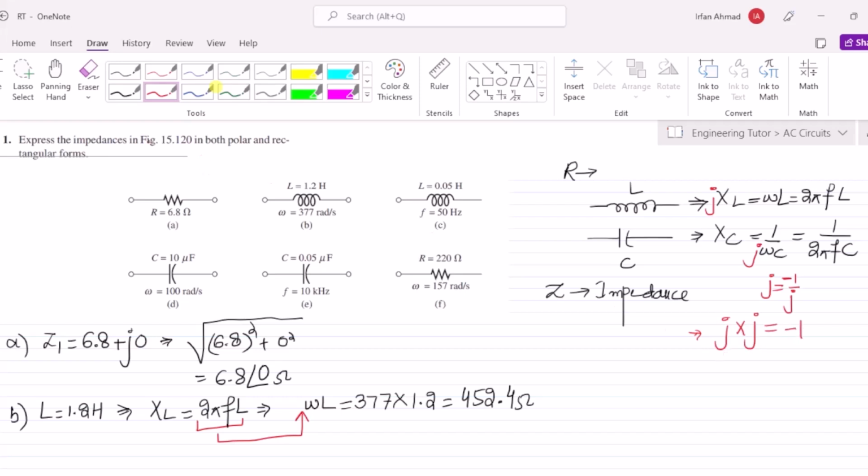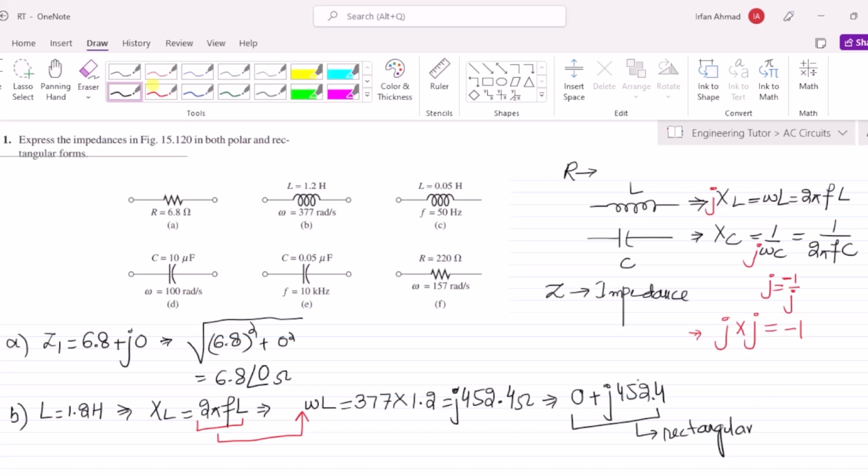So from it I can see that this will be j452.4 ohm, or I can also represent it like 0 plus j452.4. Okay, so that is basically the rectangular form.